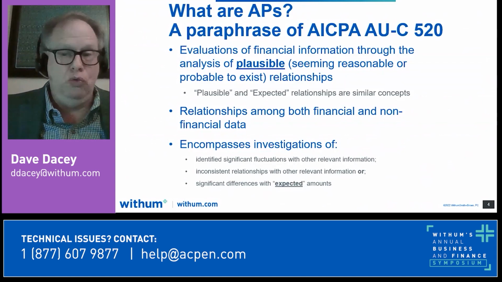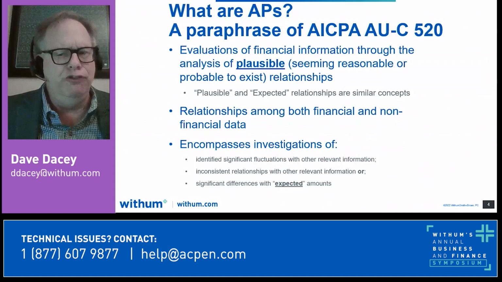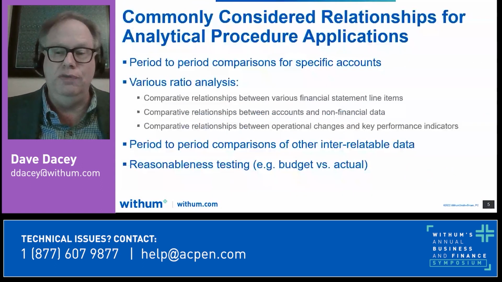We describe what the nature of that investigation is, and we describe the results of that investigation, and that should all be documented. So to recap, the key to a successful analytical procedure is to first develop a reasonably precise expectation and then perform requisite comparisons of the actual results to that expectation.